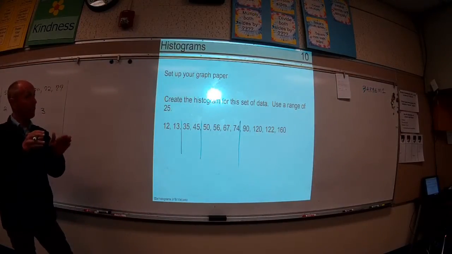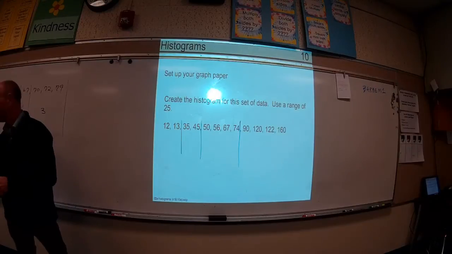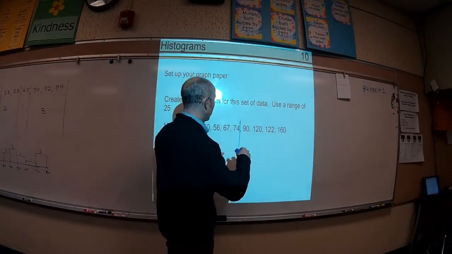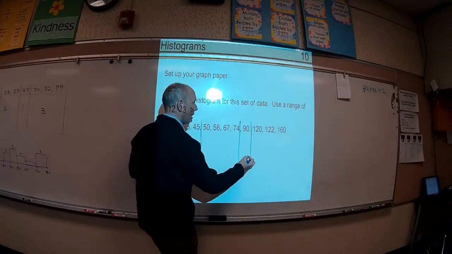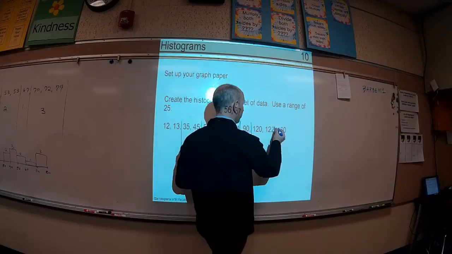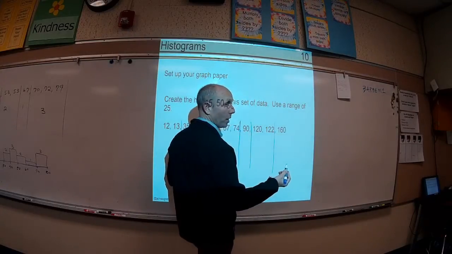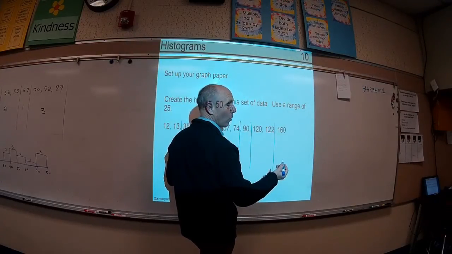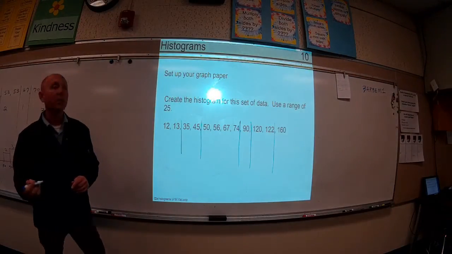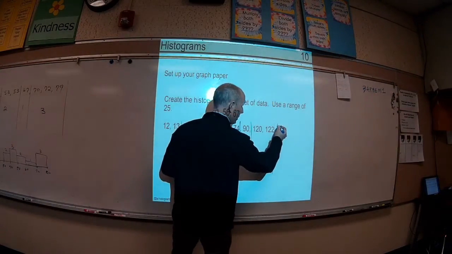Actually, not 75, 74.99999. And then 75 to 100. 100 to 125. 125 to 150, and what's about to happen? 170. We're going to have to put a 0. There's going to be a gap right there, right?